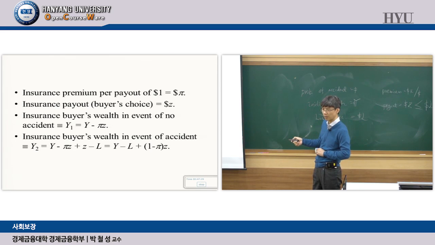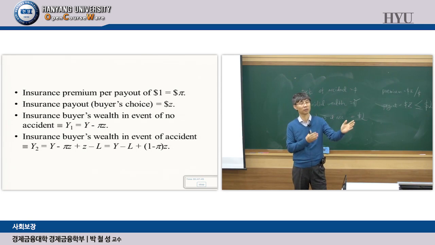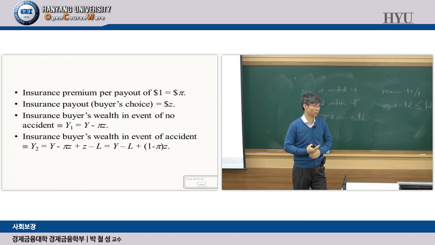So with or without the accident, your wealth will be the same. What you lose is just pi L. We call this full insurance: Z equals L, and there is no difference in your income with or without the accident.